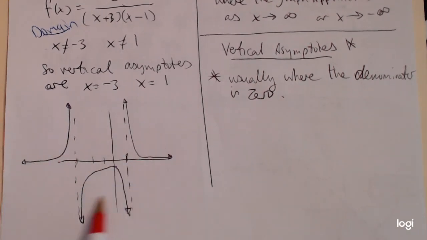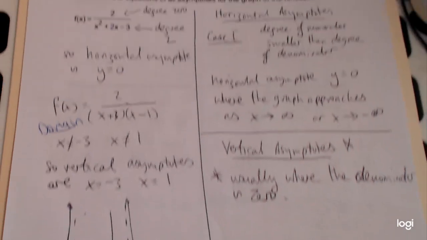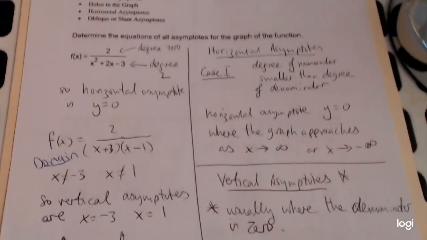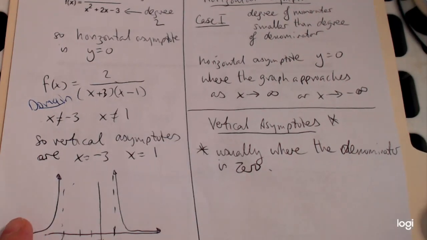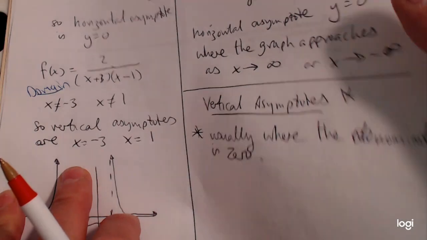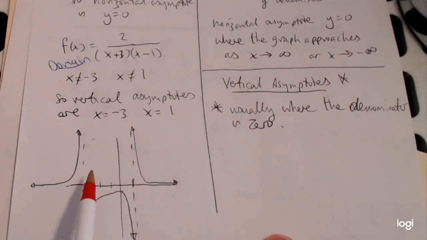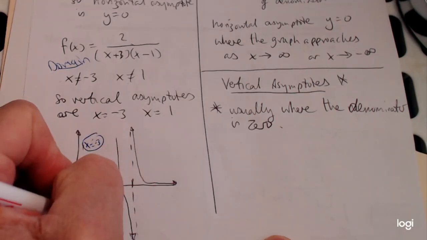So I've drawn my graph right here, and this line right here is the line x equals negative 3, this dotted line.